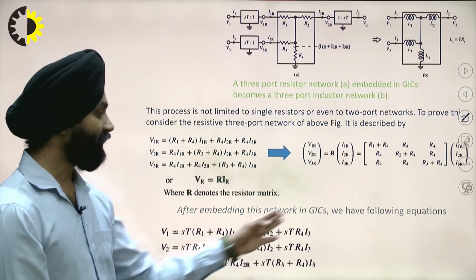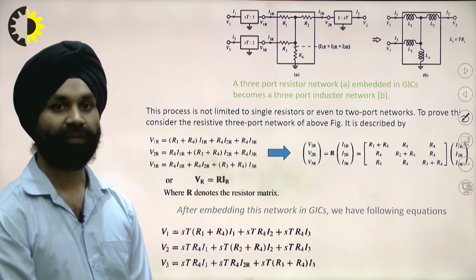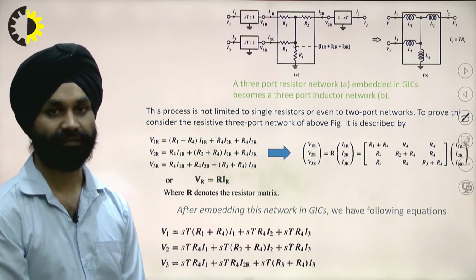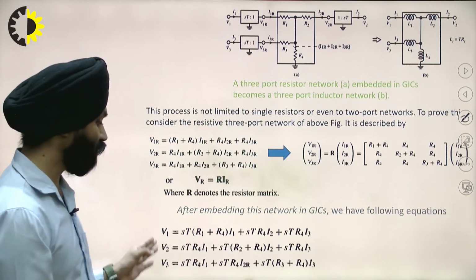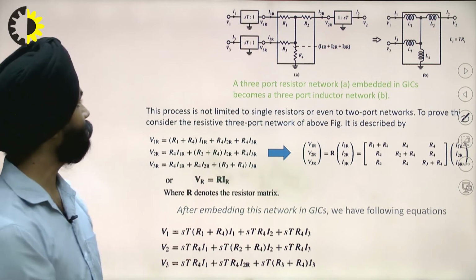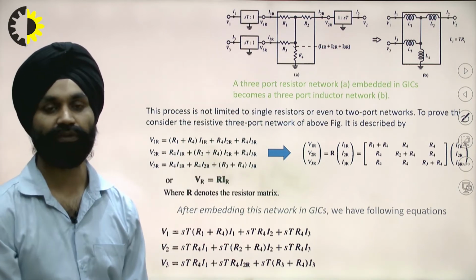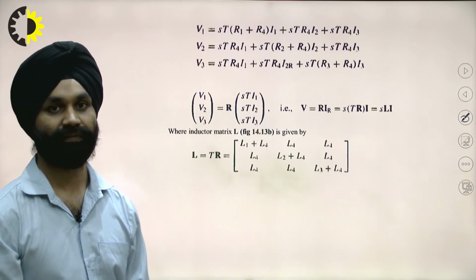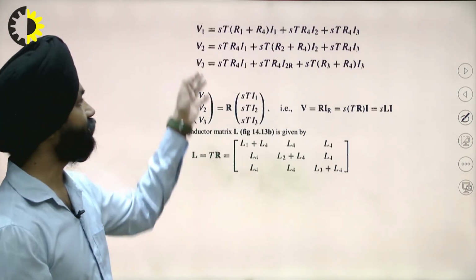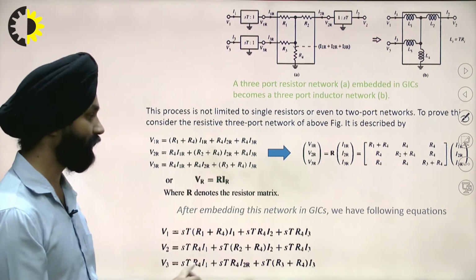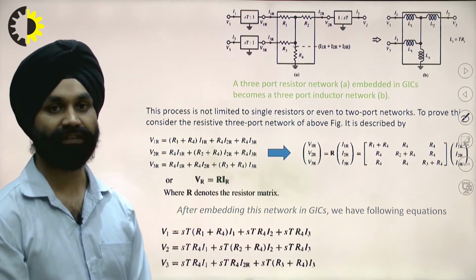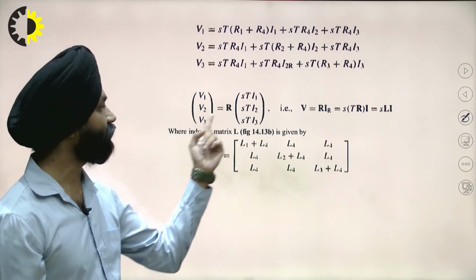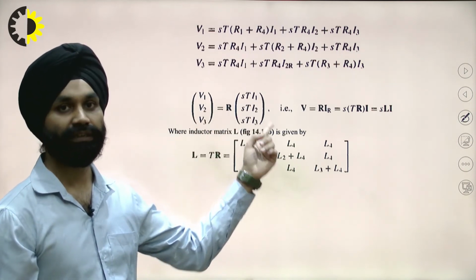After embedding this network to the GIC, we can have the different forms of the V1 and V2 and V3. So these V1 to V3 forms can be written by using this equation, by implementing the GIC. So these three equations that are used by GIC can be given by the three vectors, which is V is equal to I, ST, IQ.